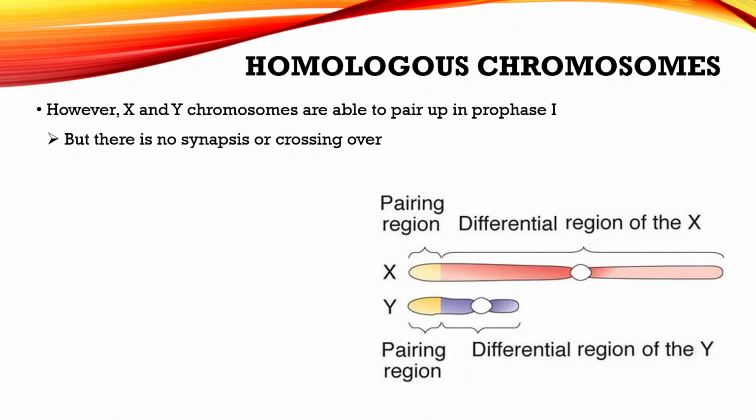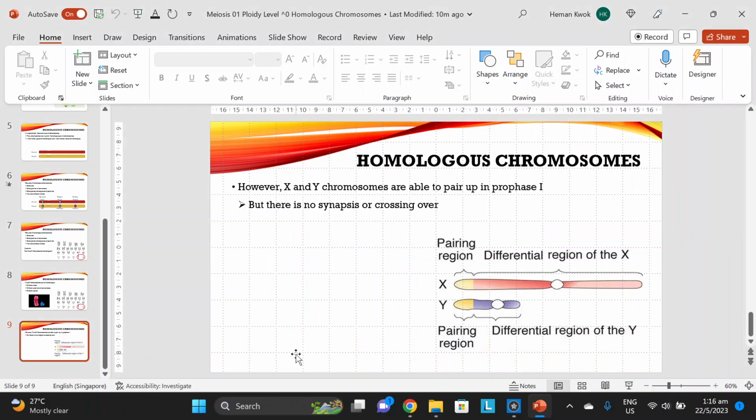So there should be pairing of homologous chromosomes during prophase 1, but X and Y are not homologous. However, they are still able to pair up, but there wouldn't be any formation of chiasmata, no synapsis, no crossing over. They can pair up and will be separated at the end of meiosis 1, just like the other pairs of autosomal homologous chromosomes. Okay, so that's the first video.